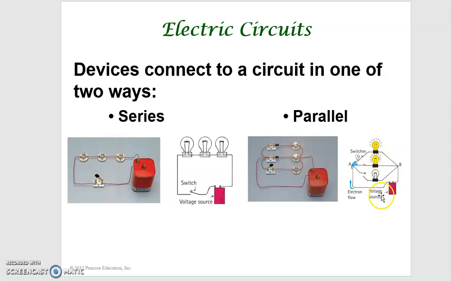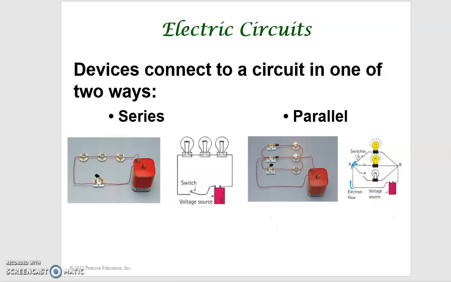Now you have three in parallel. The current comes out from here, and at point A the current will split, so there will be current flowing through all three resistors. But did you see that here there is no current flowing through? It is because the switch here is off. Pay particular attention to that.